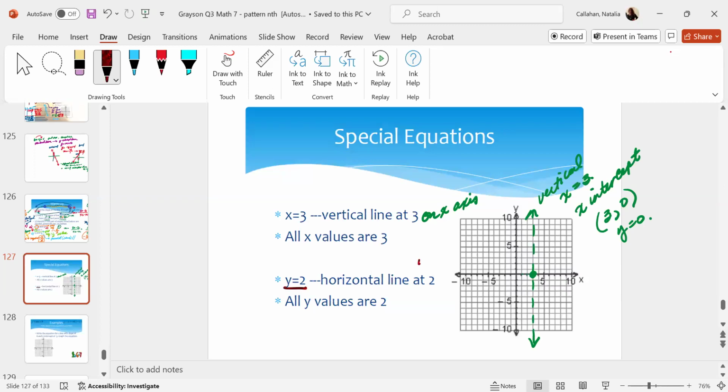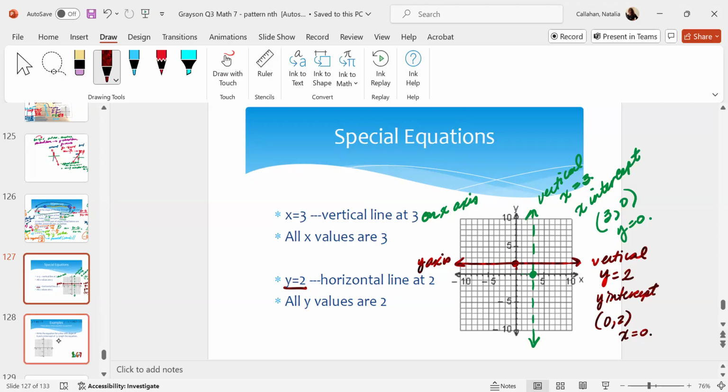Horizontal line at 2, and this is the y axis. 1, 2. Yeah, I got that. This one, you need to label it. It's a horizontal line, y equals 2. And this is the y-intercept, (0, 2), when x equals 0. Okay, you got it? Yeah.